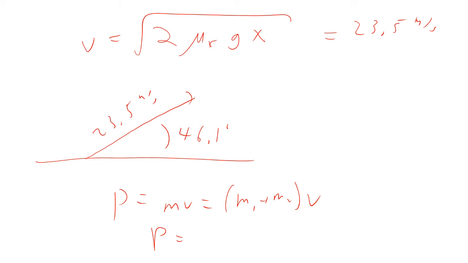So the total momentum is going to be 78,000 kilogram meter per second at an angle of 46.1 degrees. Okay. Well, that means we can find the x and y components.